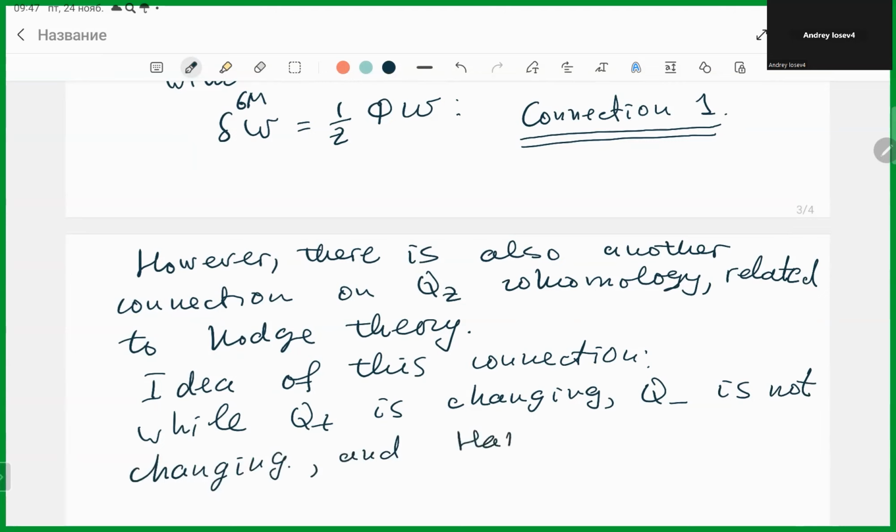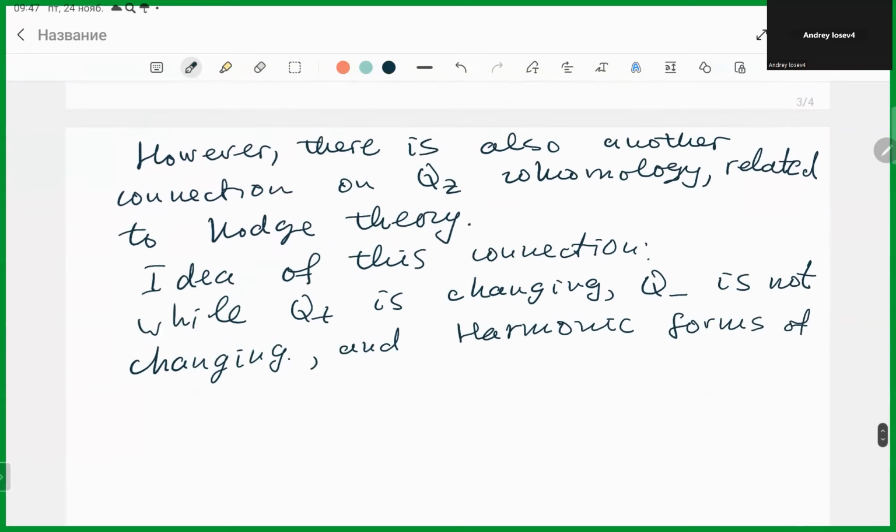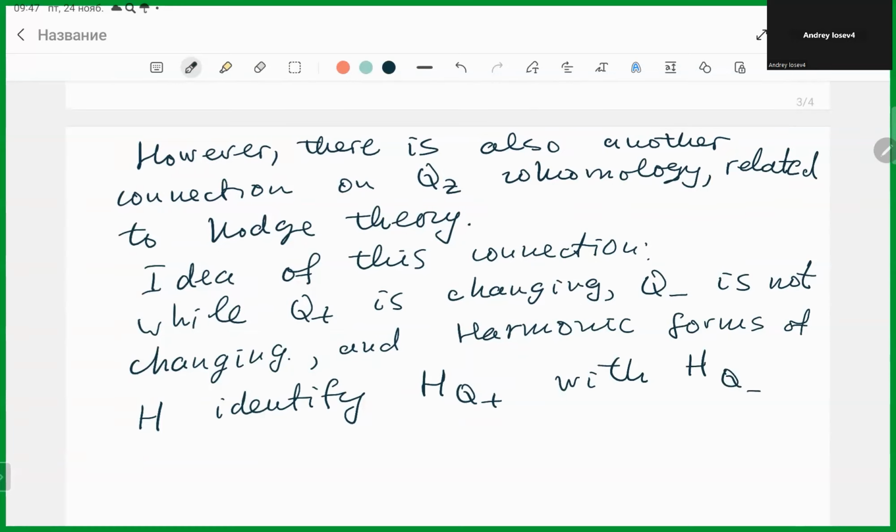And harmonic forms of the Hamiltonian identify cohomology of Q plus with cohomology of Q minus.